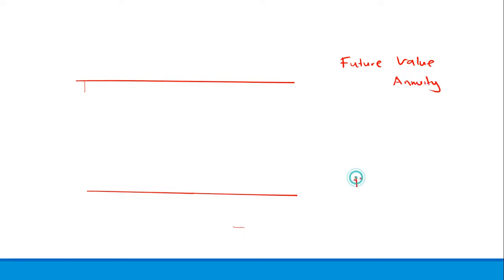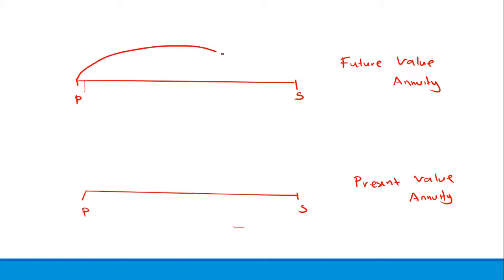Meanwhile, this one is present value annuity. For the future value case, let's say you want to save money or invest for 3 years.